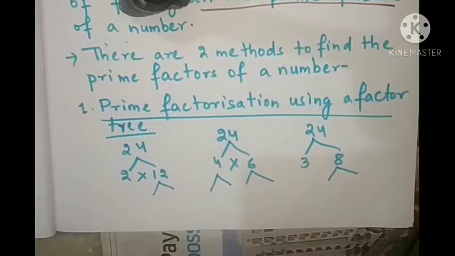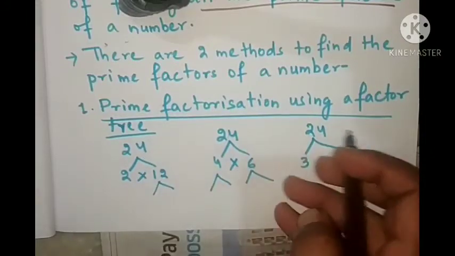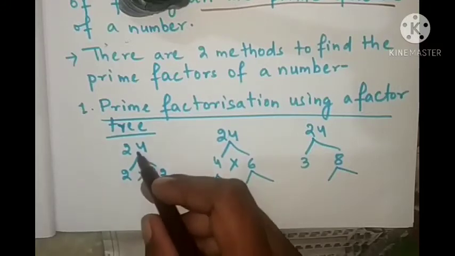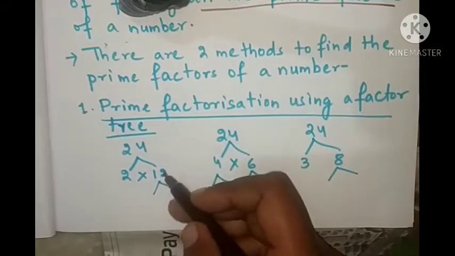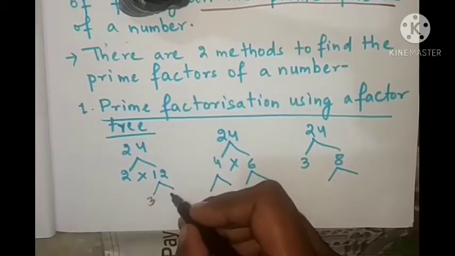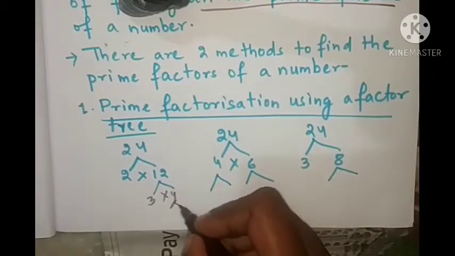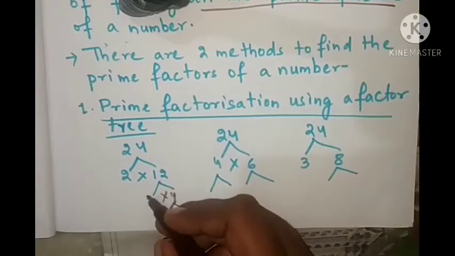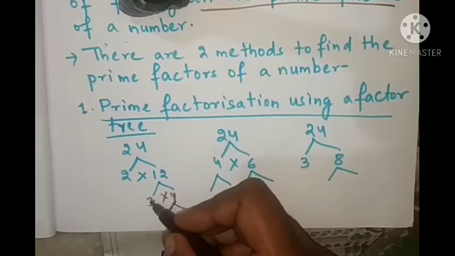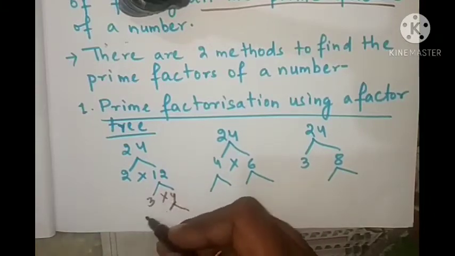So here, look at 24, we are finding the tree. Okay. So 2 into 12 is 24. 12, how much? 3 into 4 is 12. 2 has only one factor besides 1, that is 2. 3 also has only two factors, 1 and 3.